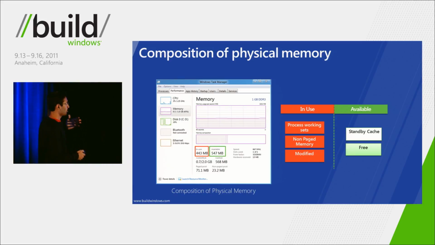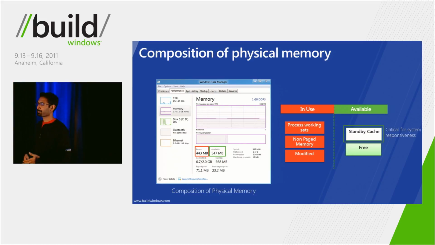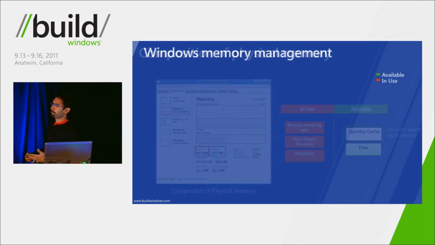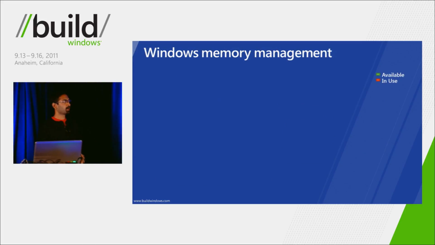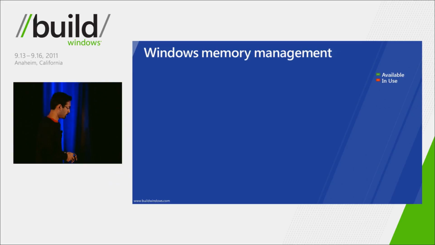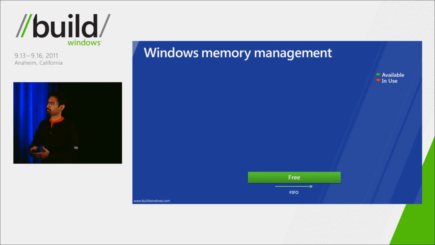So the standby cache is really critical for ensuring system responsiveness. Why is that? I'm going to explain that with a high-level view of how Windows manages memory. I'm going to use Word as the example throughout. Imagine at the beginning of time, you have this pool of free memory.